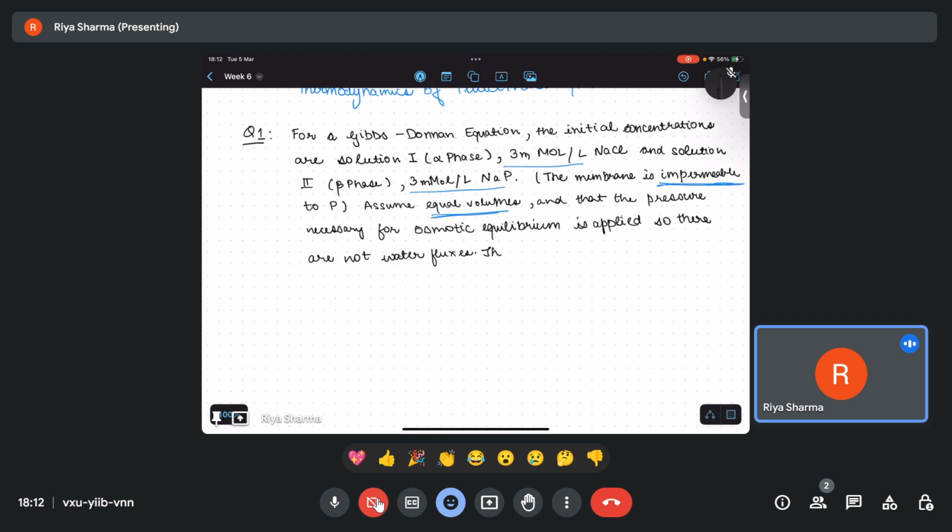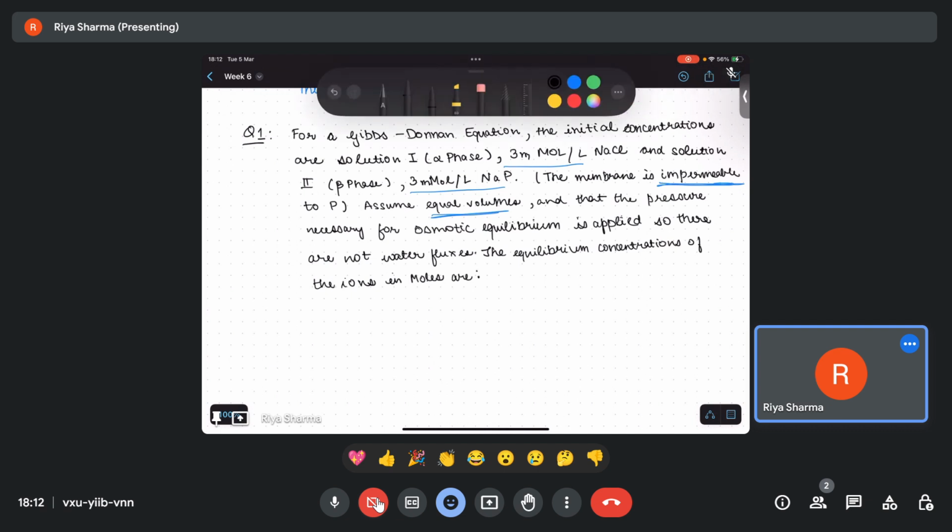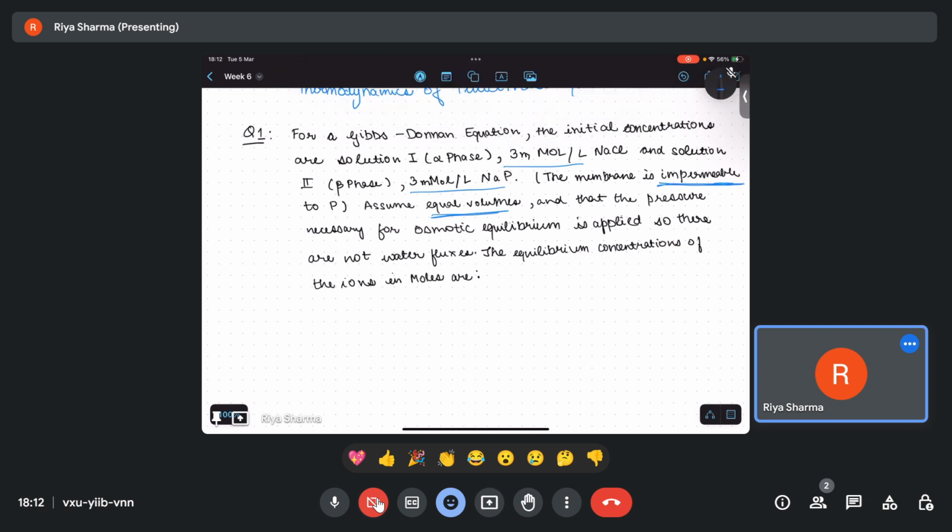What they are asking are the equilibrium concentrations of the ions in moles. Osmotic equilibrium is applied. You can try solving this question. I'll be giving you 2 minutes to solve it.